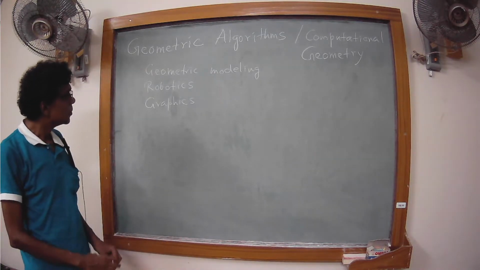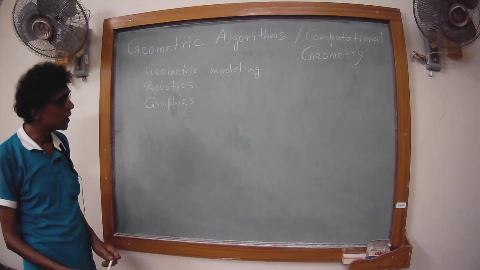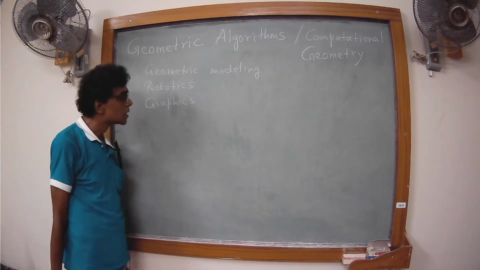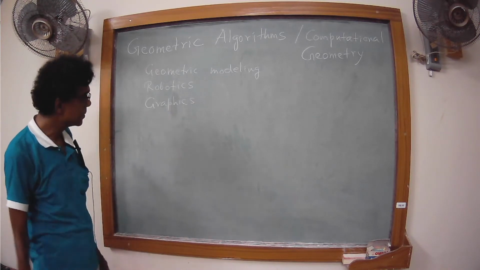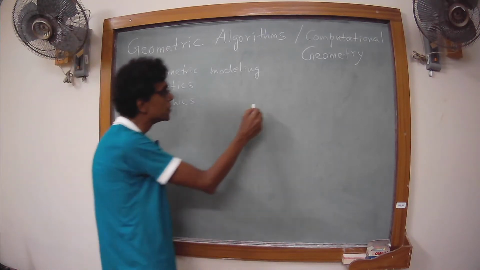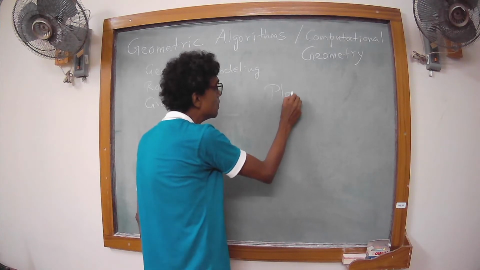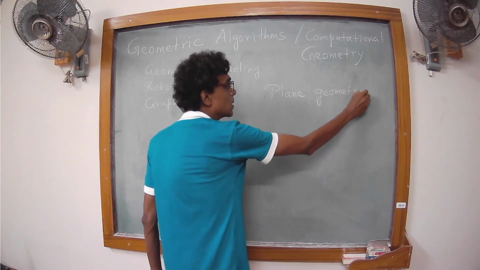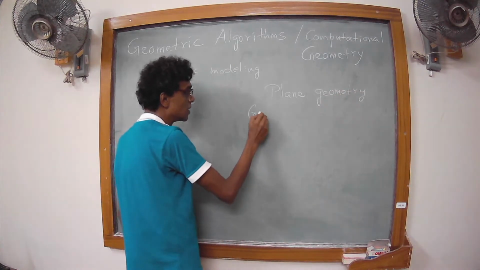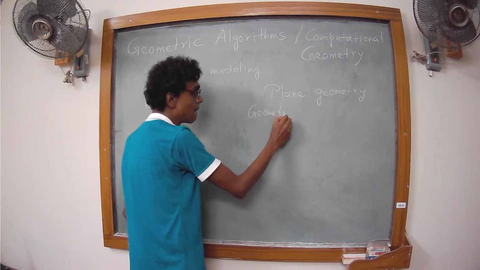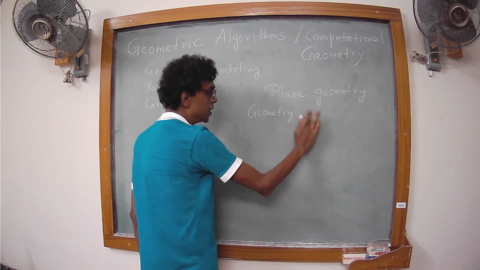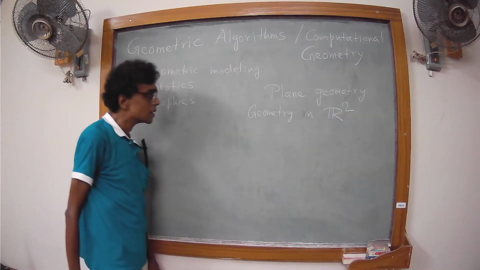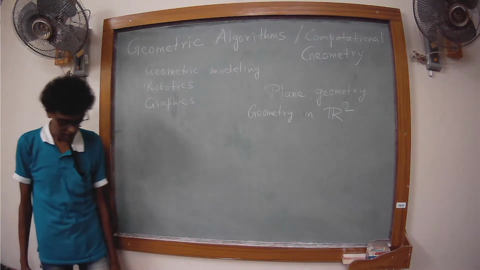Anyway, so geometry is, of course, you may talk about geometry in 2 dimensions, 3 dimensions, higher than 3 dimensions. So in this course, we will restrict ourselves only to plane geometry, that is geometry of or in R square. This is typically called the Euclidean plane.